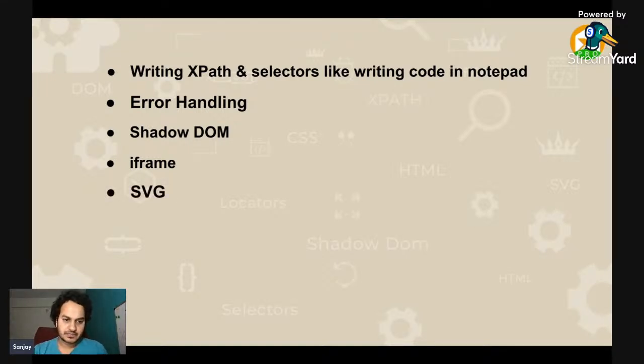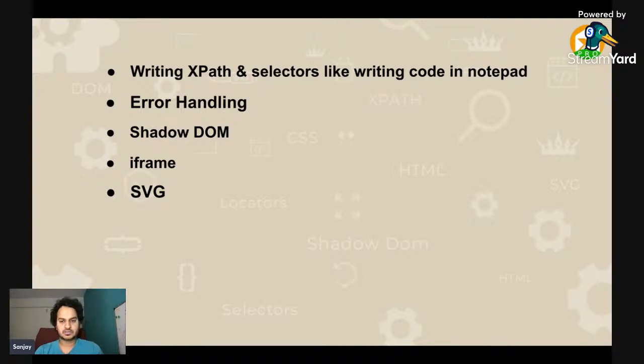SVG element was another great new concept which SelectorsHub started helping people learn about. Before SelectorsHub, many people were not aware of the correct format of XPath for SVG elements, or that there is something different for SVG elements.